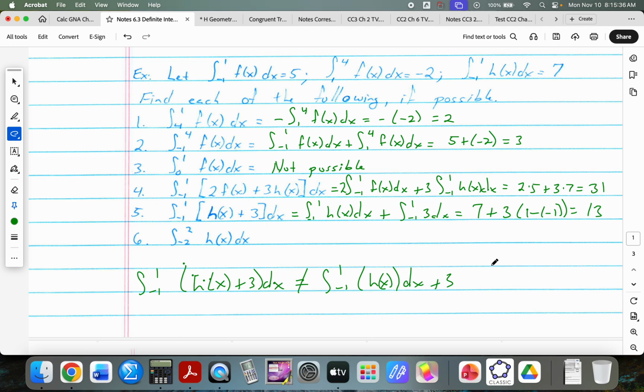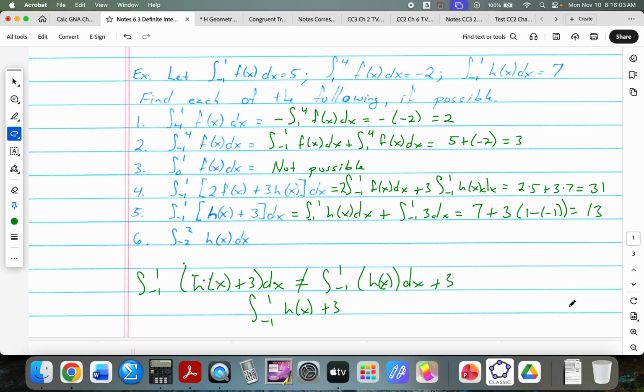Which is why it's important that you put the dx when you're writing these out on the AP exam. Sometimes if you leave the dx out, it's not clear what you meant. If you wrote the integral from -1 to 1 of h of x plus 3, which one of these two did you mean?